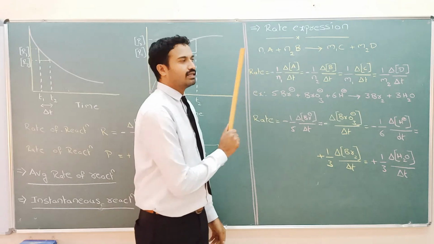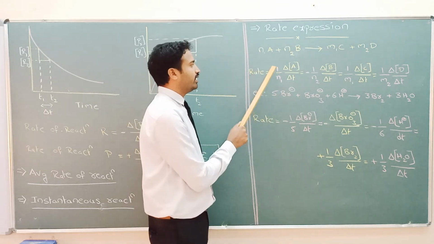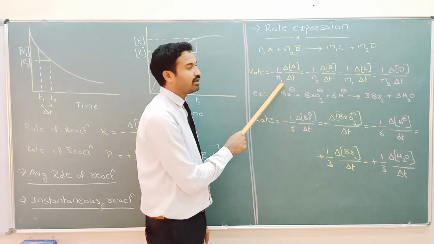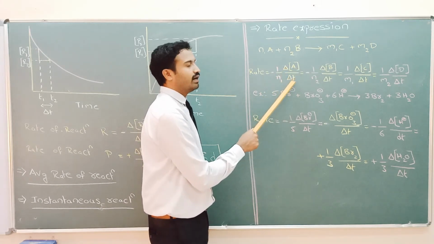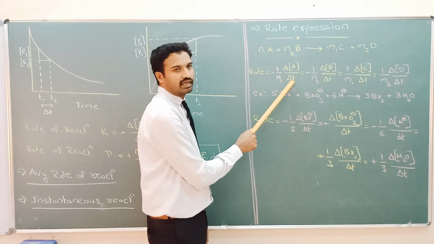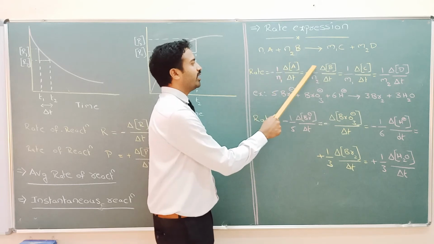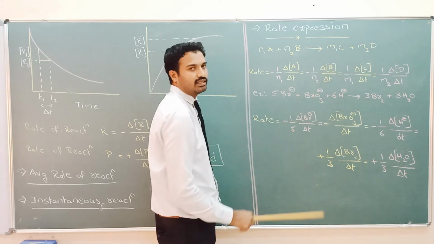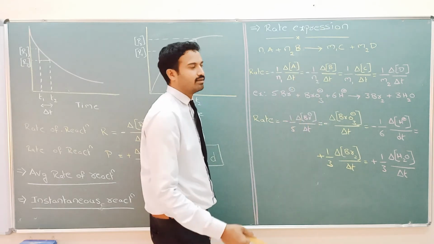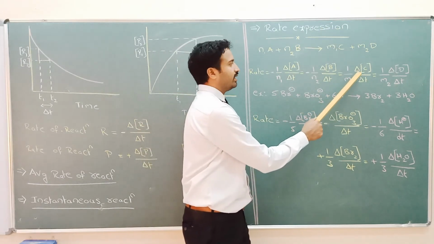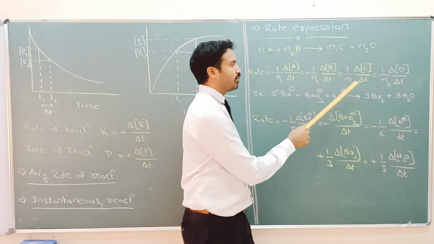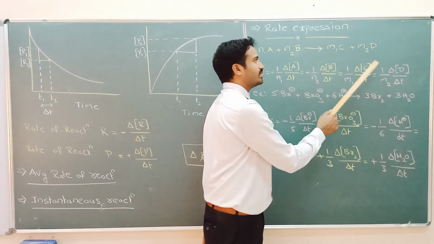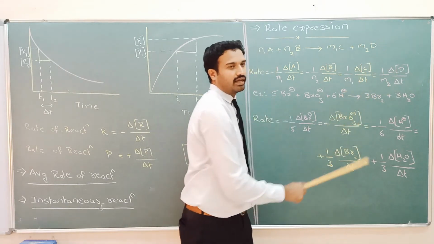Here see, rate is equal to minus 1 by n1, why minus, because reactant concentration decreases, number of moles in the denominator, into delta A by delta t, change in concentration of reactant by change in time, is equal to minus 1 by n2 delta B by delta t, is equal to, here it is product, so plus 1 by m1 delta C by delta t, increase in concentration so plus sign, is equal to plus 1 by m2 delta D by delta t.